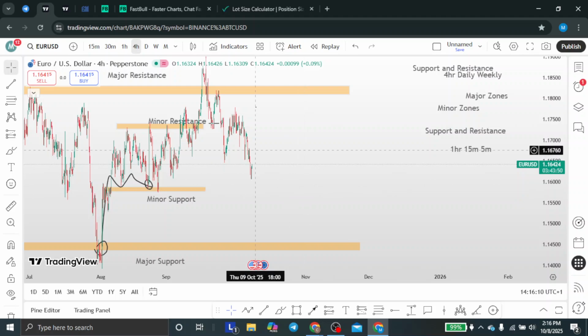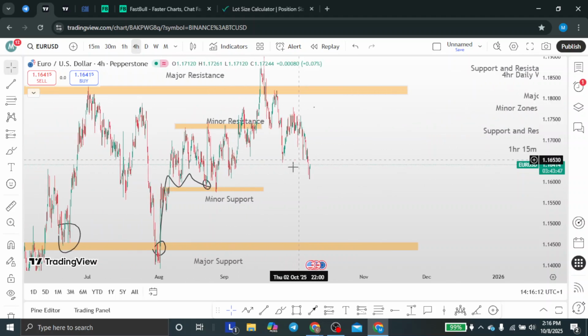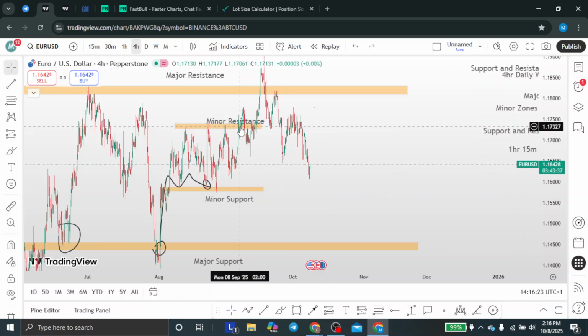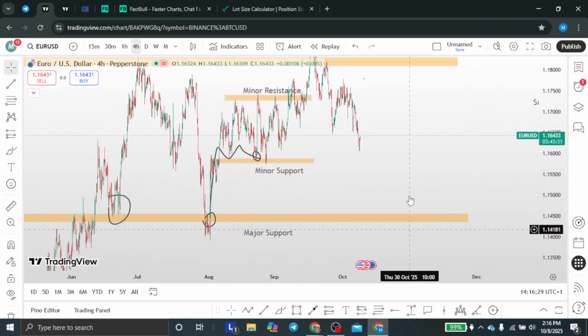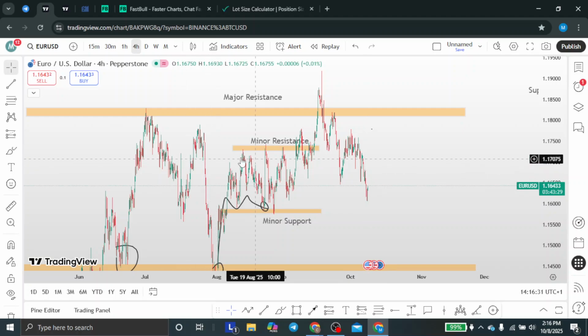Because if we identify a major zone, we know before a market can reach a major level, it will firstly come across some obstacles. There will be obstacles in front of price, and these obstacles are these minor zones, minor levels you are seeing. For market to go all the way to major support or major resistance, it must go past all these minor zones.